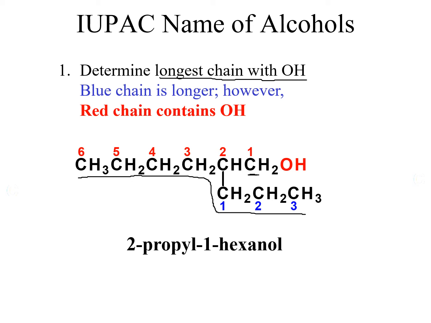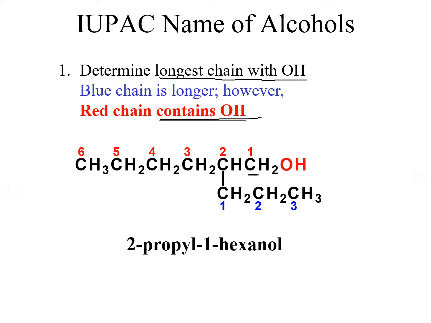If we take this chain, then this carbon will not be a part of it. So the blue chain is longer, the one that I've just represented, but it does not have the OH group. So we will have to go by the red numbering, which has the carbon which is attaching the hydroxyl group. So we number it in this way: 1, 2, 3, 4, 5, and 6.